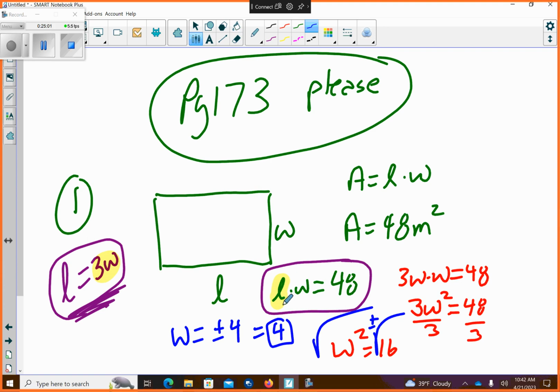Which letter is 4? Width. So this is 4 meters. And we know that length is 3 times 4, and 3 times 4 is 12. So my rectangle is 12 meters long and 4 meters wide. Okay? And if I go 12 times 4, I get 48.